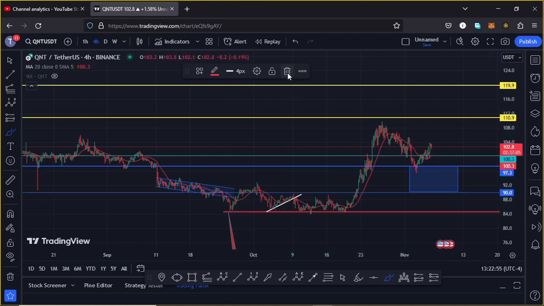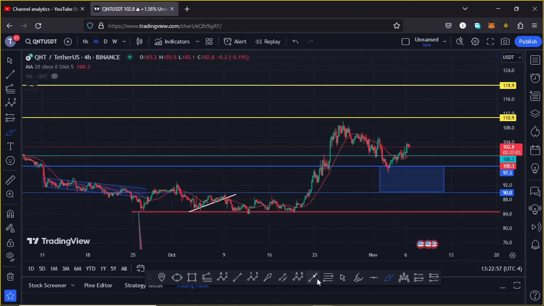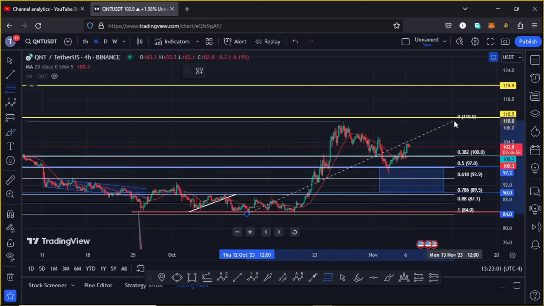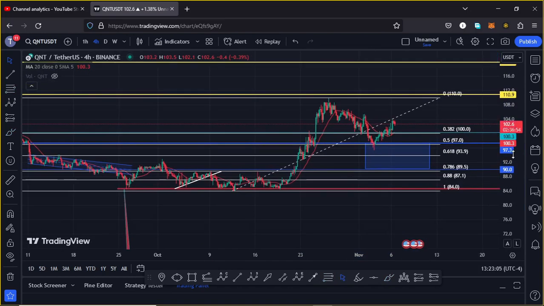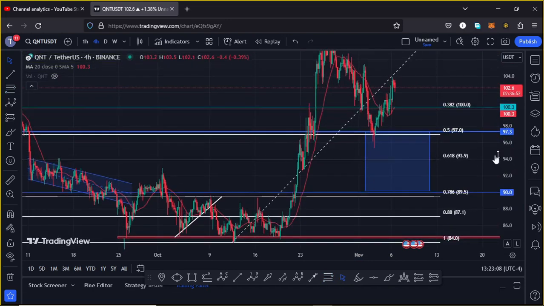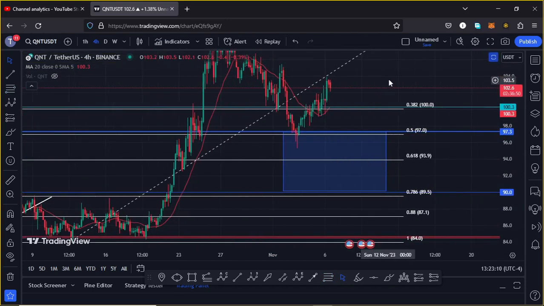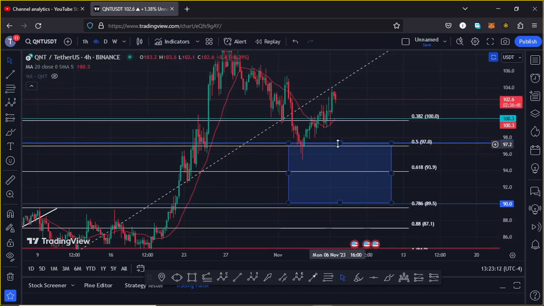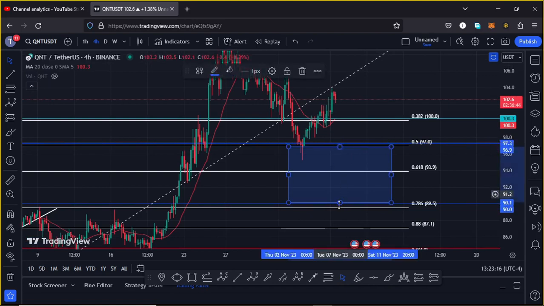If that move continues, then using the Fibonacci, connecting the fibs from these lows down here to that high, we can get an area within which we can expect that pullback to find support and also see a reversal, and that is between the fib level 0.5 and the fib level 0.78, and that is between the $97 mark and the $89.5 mark.